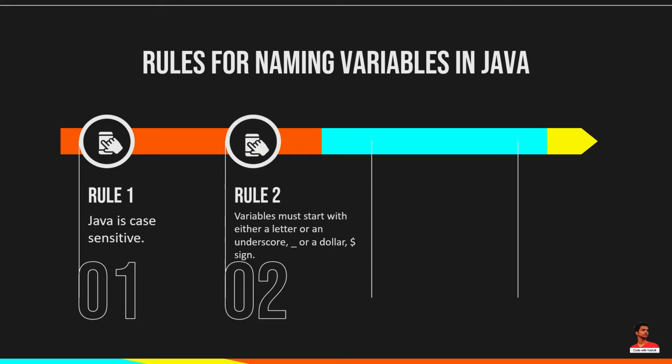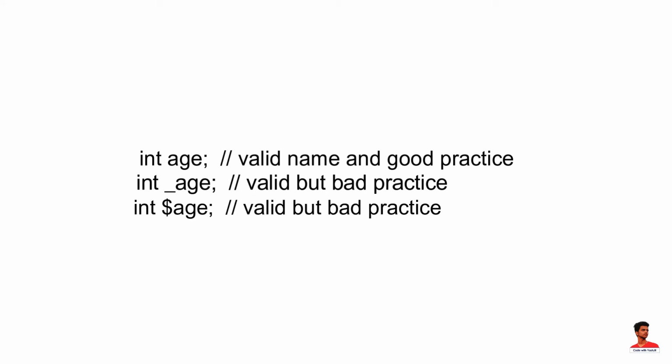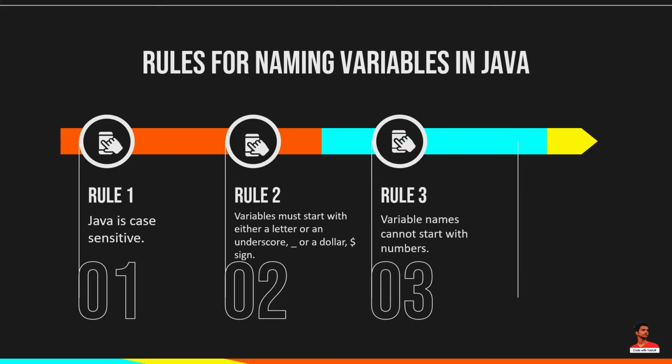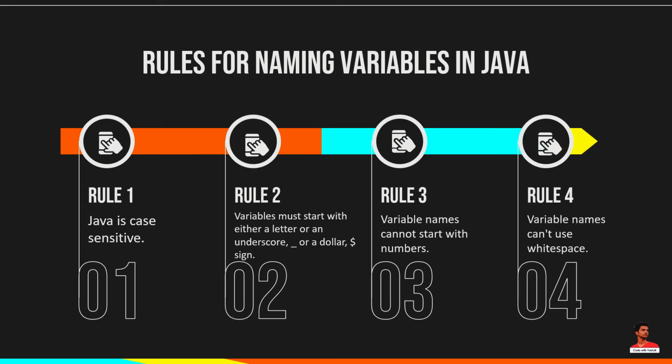Variables must start with either a letter, an underscore, or a dollar sign. Variable names cannot start with numbers. Variable names can't use white space.